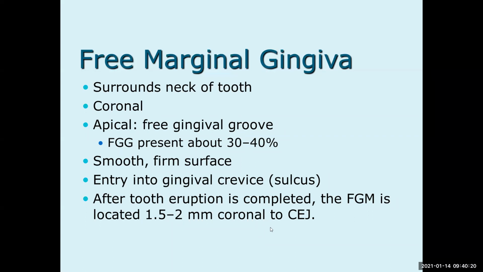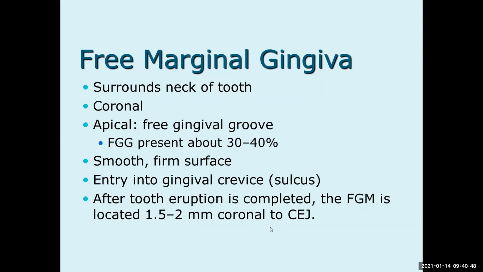So when you get back into mouths, take a look at your partner. Can you see the free gingival groove? Do they have stippling? Because not everybody has stippling as well. Look at these landmarks. Smooth, firm surface. It's the entry into the gingival crevice, which is the sulcus. And if it's a non-healthy crevice, what is it called?